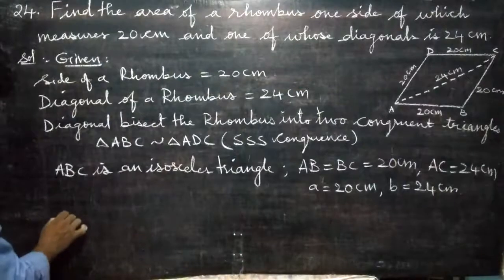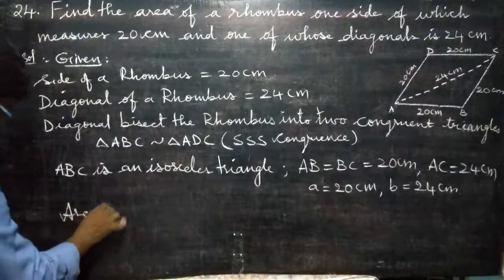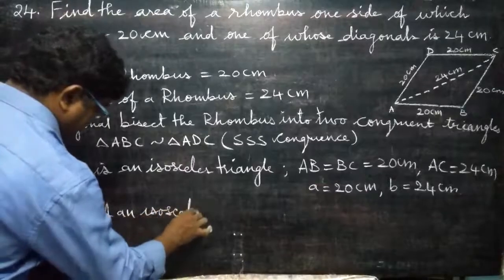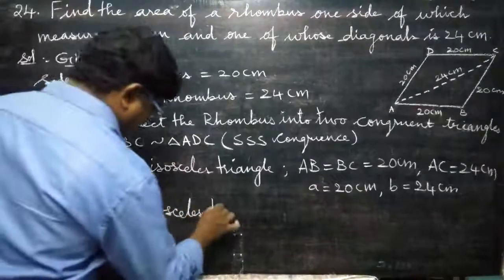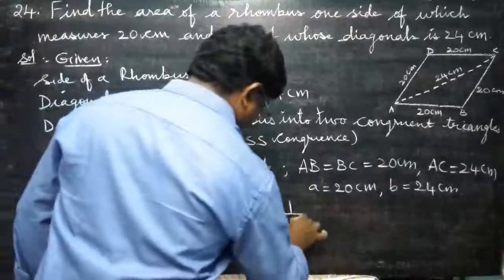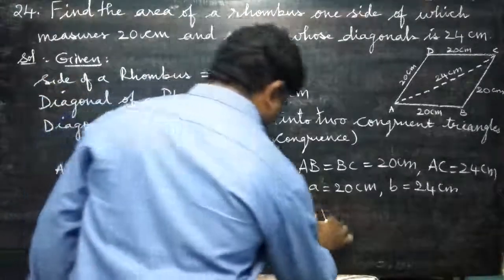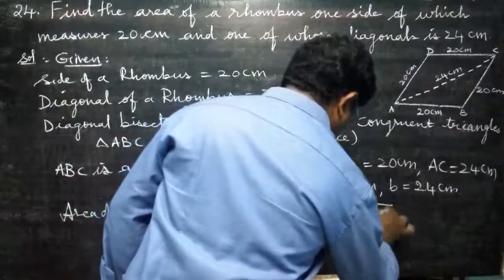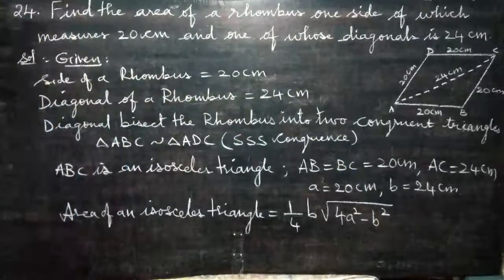Now, area of an isosceles triangle. What is the formula? 1 by 4 b into square root of 4a square minus b square. This is the formula.